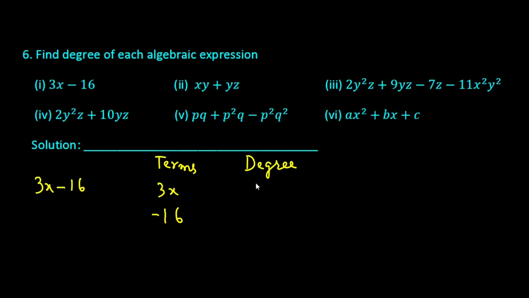Degree of 3x is 1 and degree of minus 16 is 0. Out of these degrees of the terms, 1 is highest. So degree of this algebraic expression is 1.